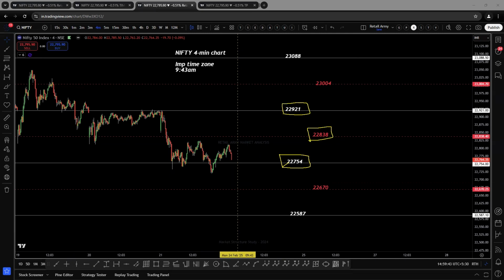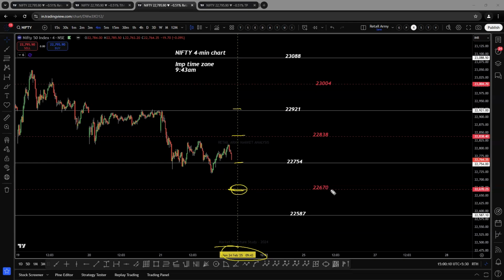But right now, keep in mind that price is there and we have a time zone, 9:43. What we want is to find which level the market touches exactly in this time zone. If the market tomorrow gaps down and touches this level, what do we see?